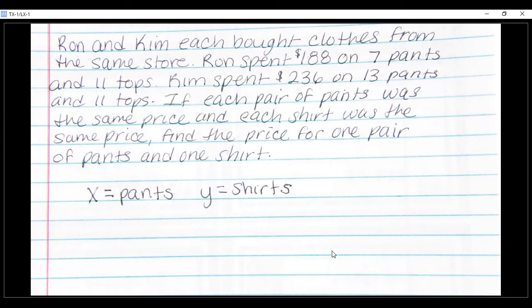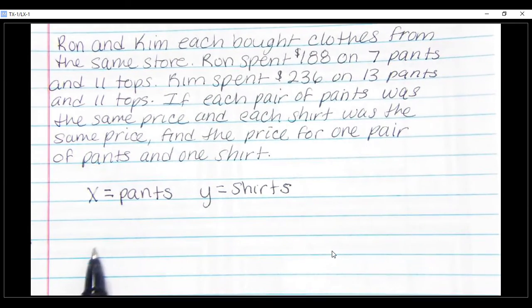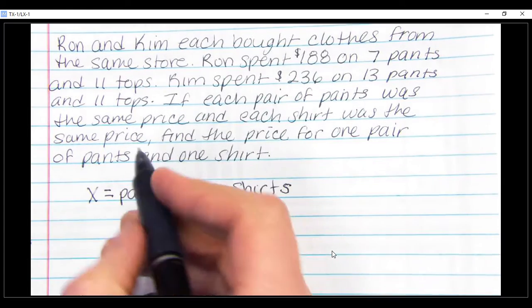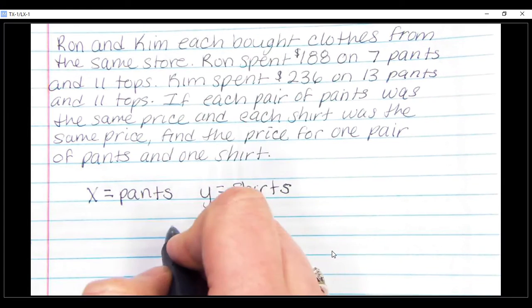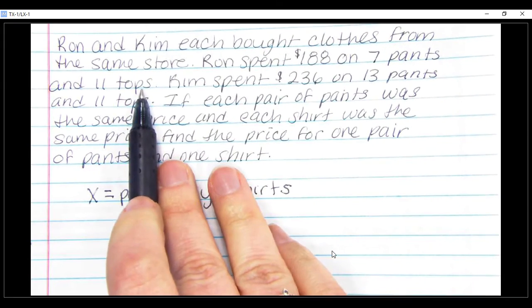So I can take what Ron spent and put it into one equation. Make sure that you put the variables with the numbers the words are associated with. So I have 7 pants, and we said pants is going to equal X. So I'm going to write 7X, 7 pants and 11 tops.